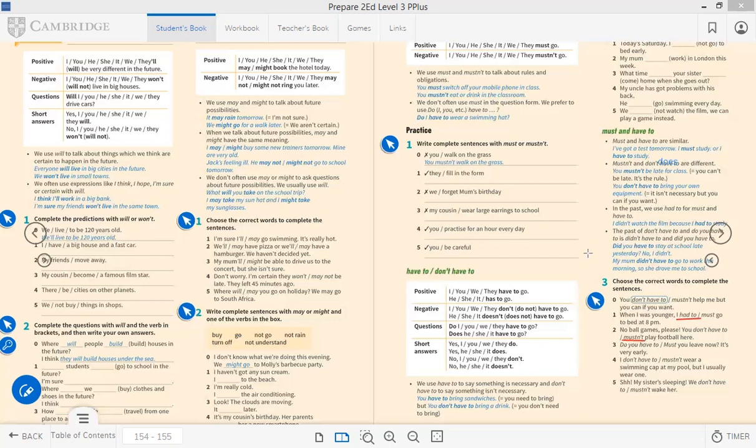Two possibilities. You leave now. It is very early. Have to. But it's a question. Do you have to leave now? It's very early.